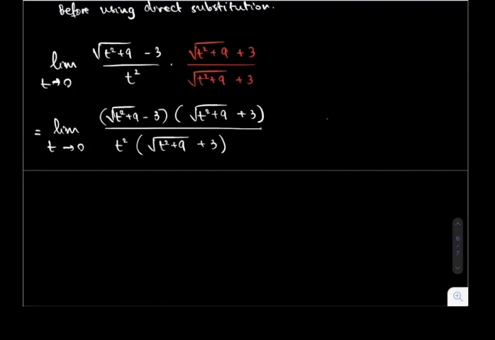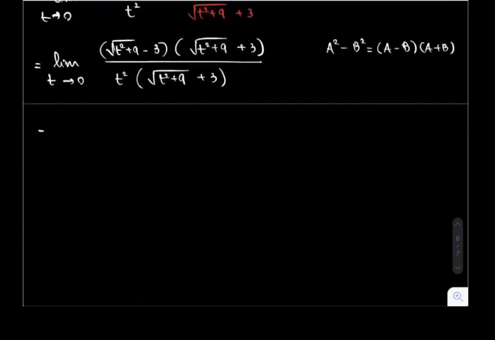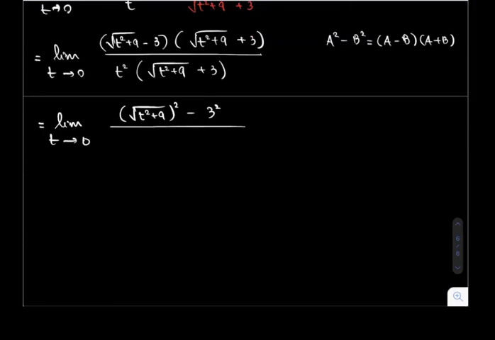If you use a squared minus b squared, you have a minus b times a plus b. That's the formula for the numerator, so you can rewrite the numerator as the square root of t squared plus 9, squared, minus 3 squared, divided by t squared times the square root of t squared plus 9 plus 3.